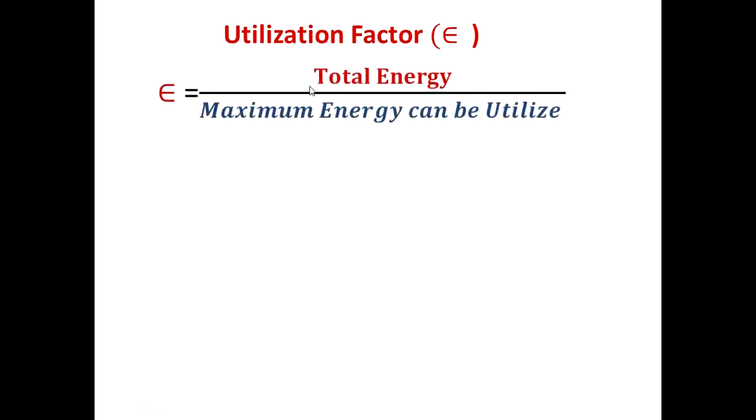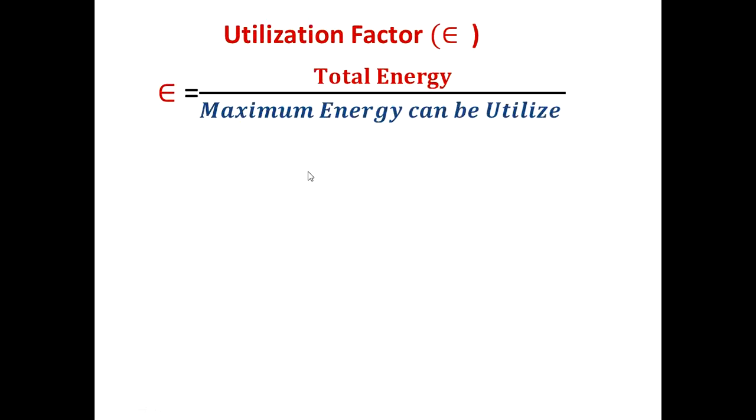Okay, next, the utilization factor. It is the ratio of the total energy to the maximum energy that can be utilized. What do you mean by the maximum energy that can be utilized? That means the loss at the exit should be very, very low. What is the loss at the exit? That is the absolute velocity at the exit, which should be very, very small.